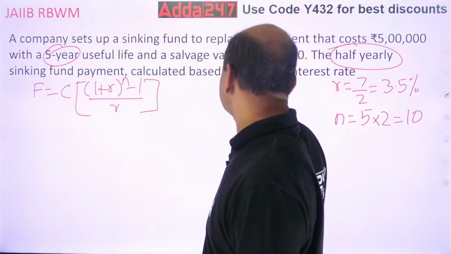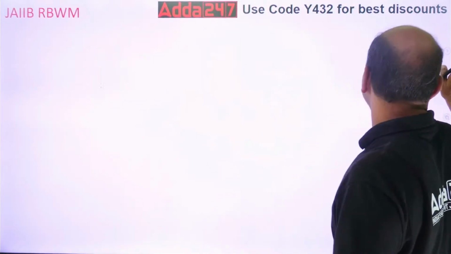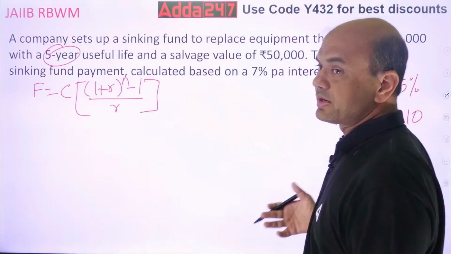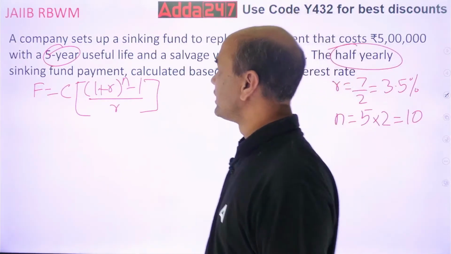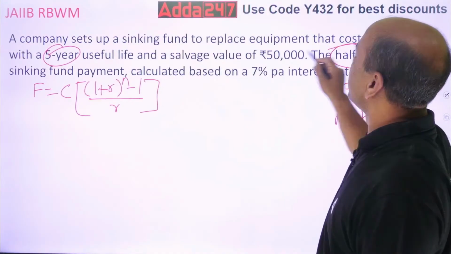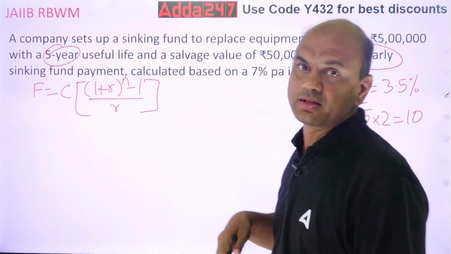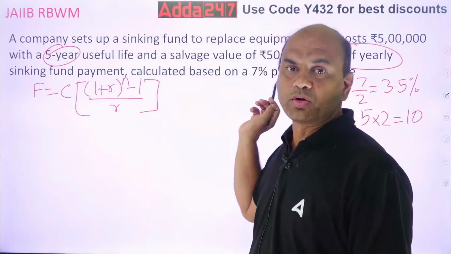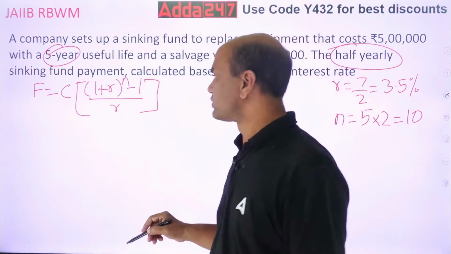Do I have a next page now? Yeah, every time you have to check. Now F is what? F means this amount minus salvage, as we did in the earlier part.